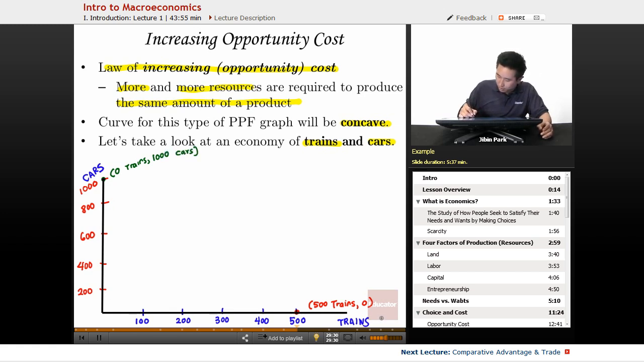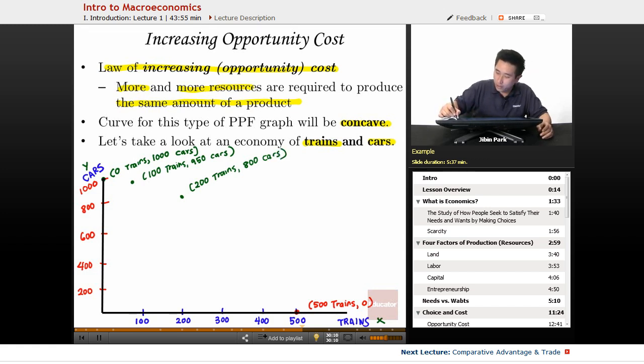So again, trains is going to be the X value and cars is going to be the Y value. Let's say, for example, that if you build 100 trains, you're going to make 950 cars. And let's say 200 trains will yield 800 cars.